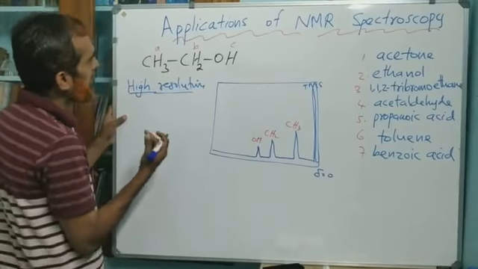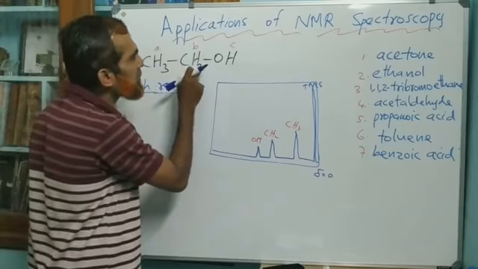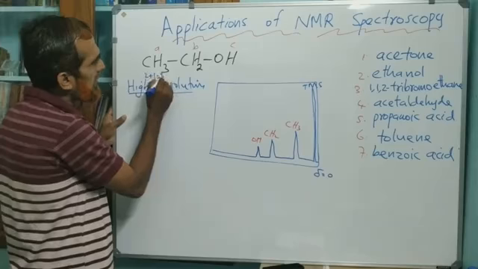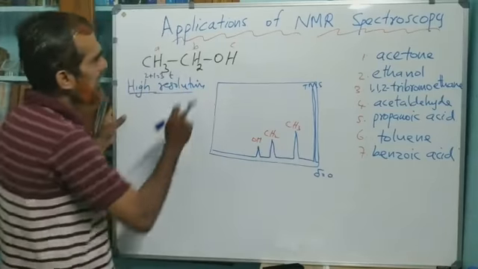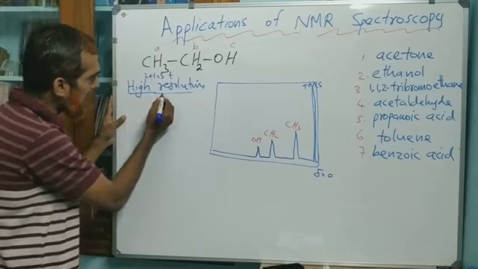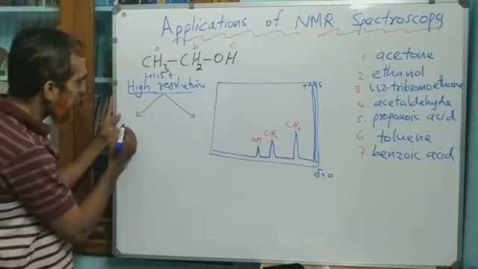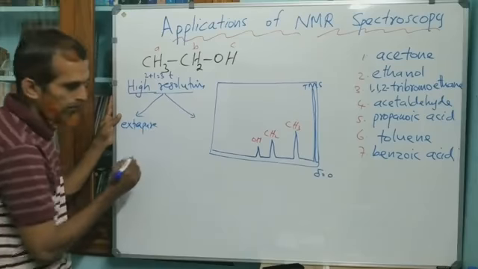Let us predict the multiplicity. This CH3 signal will be split by the CH2 protons into how many? 2 plus 1 equals 3. So you get a triplet. This will be split into a triplet. Now let's consider this one. In high resolution we discuss two types of NMR for ethanol. One is extra pure, 100% ethanol for example.